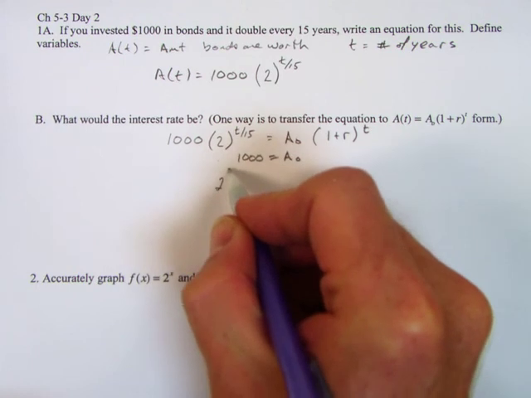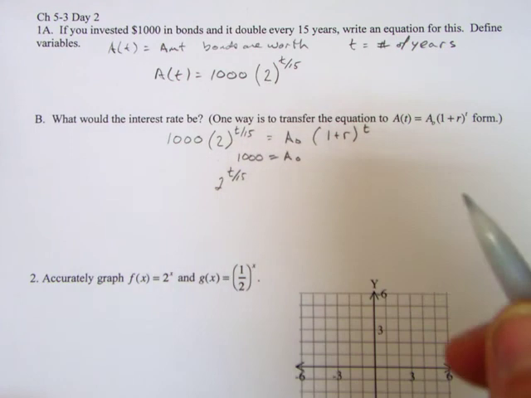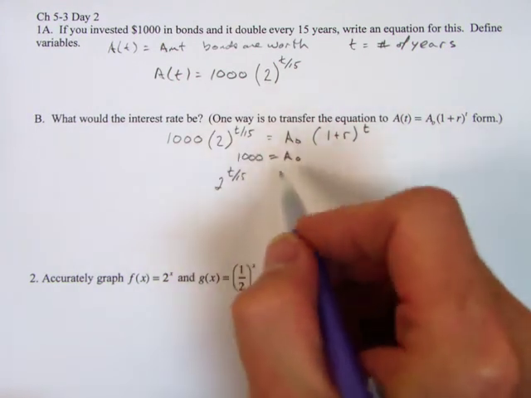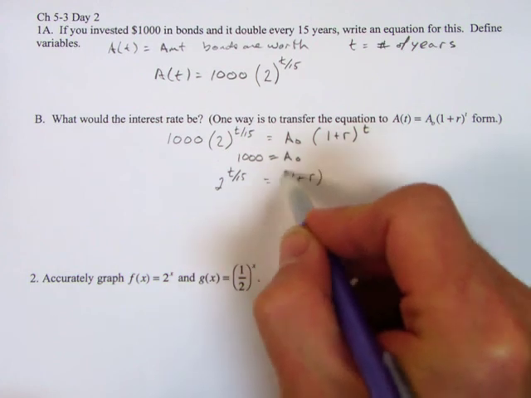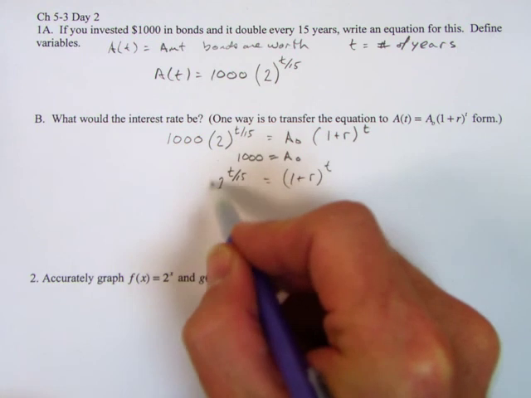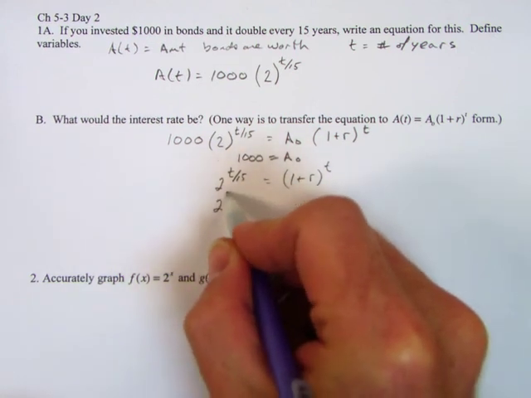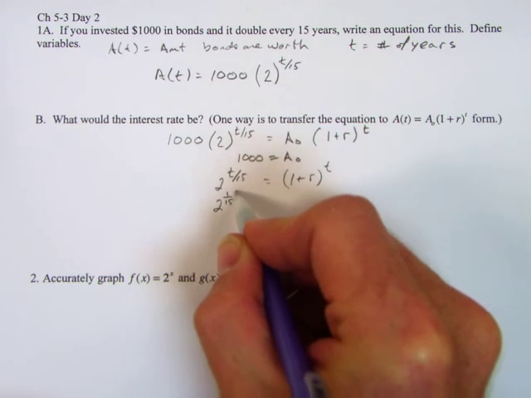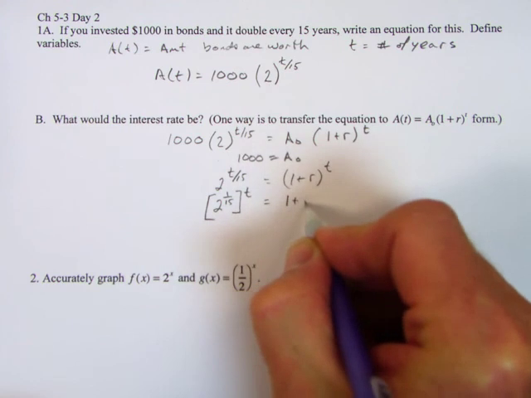Now, how do I deal with the rest of this part? 2 to the t over 15 can be rewritten, because we want it as (1 plus r) to the t. So how could I write this whole expression to a power of t? It would be (2 to the 1 over 15) raised to the t.